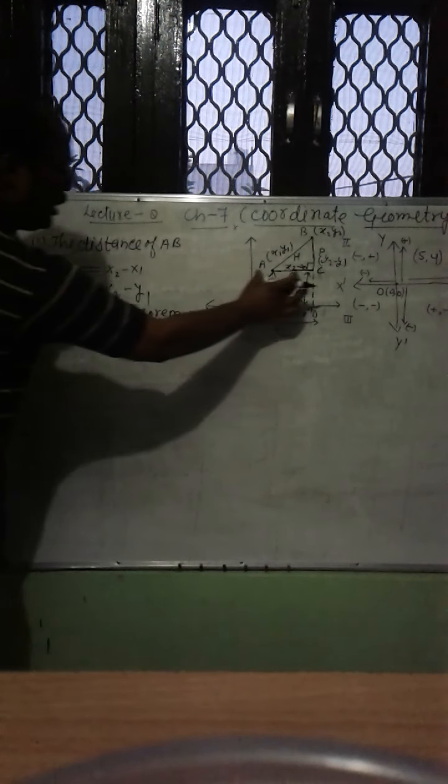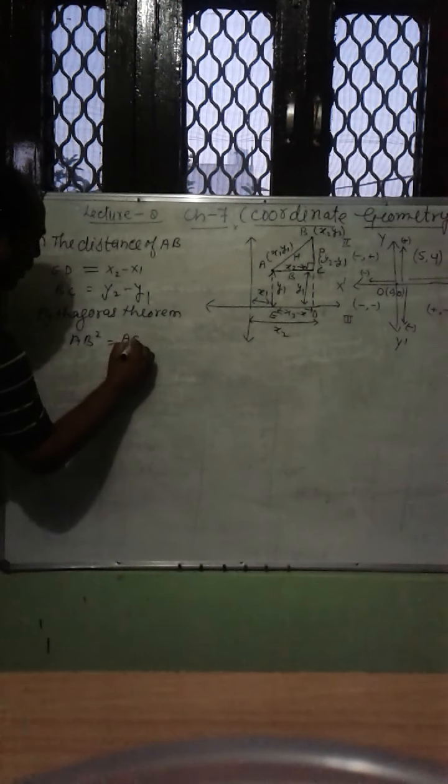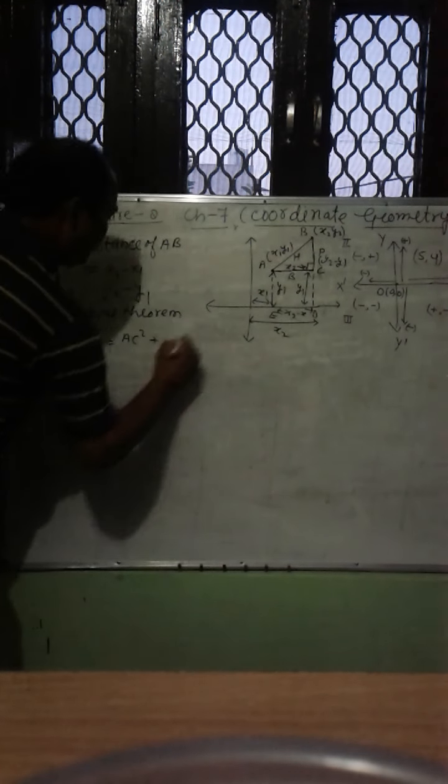It means base square, AC square, plus BC square.